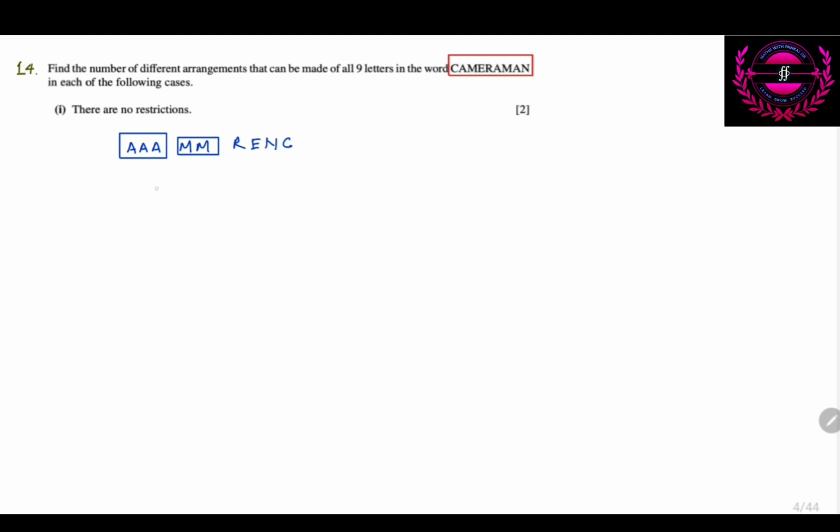Total letters I have 9. So I can write total ways equals 9 factorial upon 2 factorial into 3 factorial. Let's move to next question.